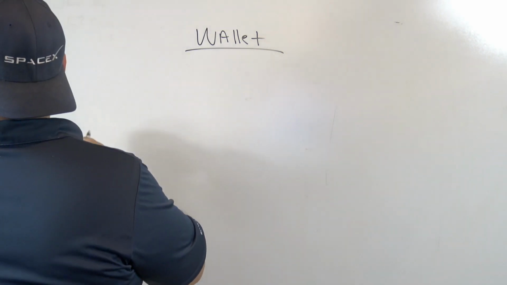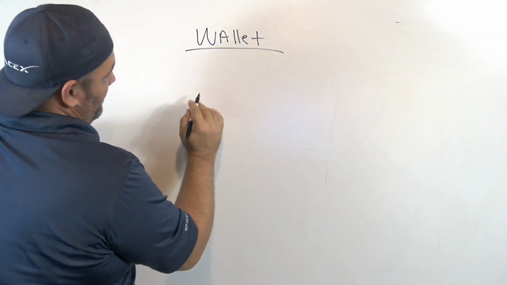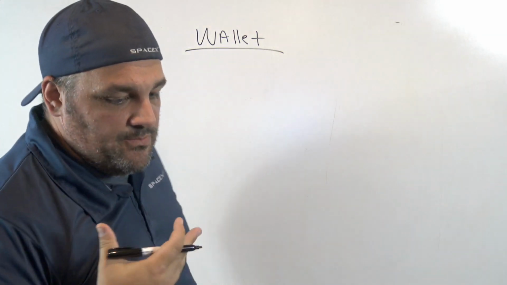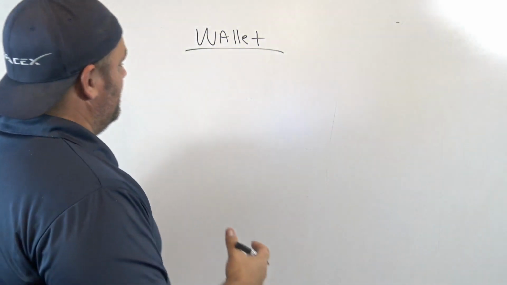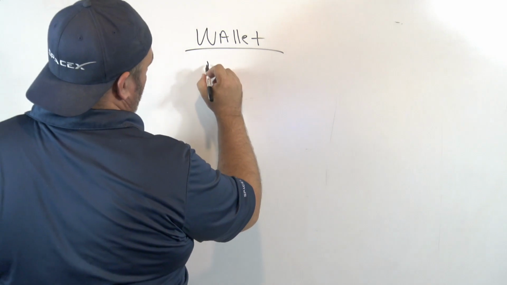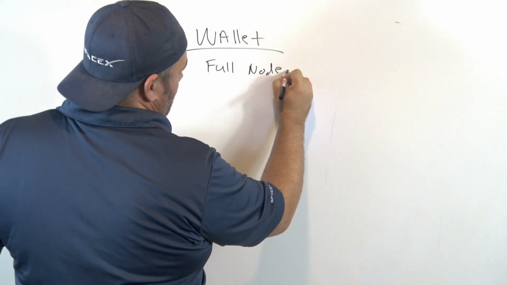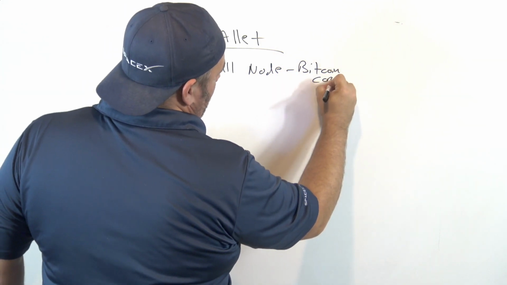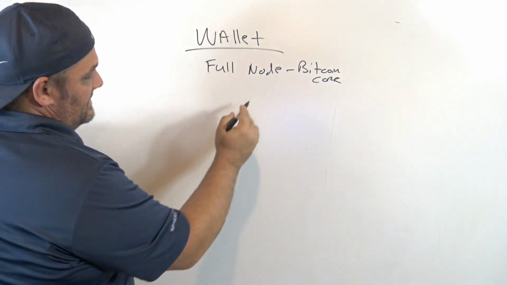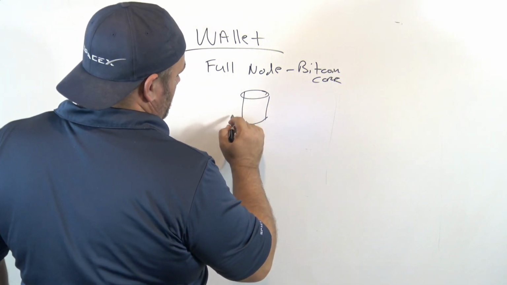So essentially, let's look at the different types of wallets. If you Google Bitcoin wallet, you get presented a couple of options. You can run a full node wallet, which is like Bitcoin Core. All that really means is that you're going to download the entire blockchain and host it on your computer.